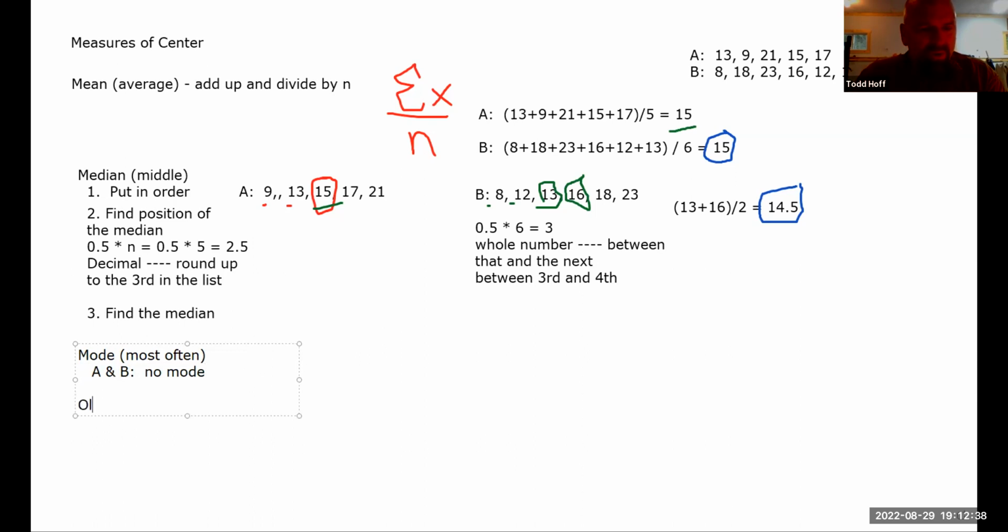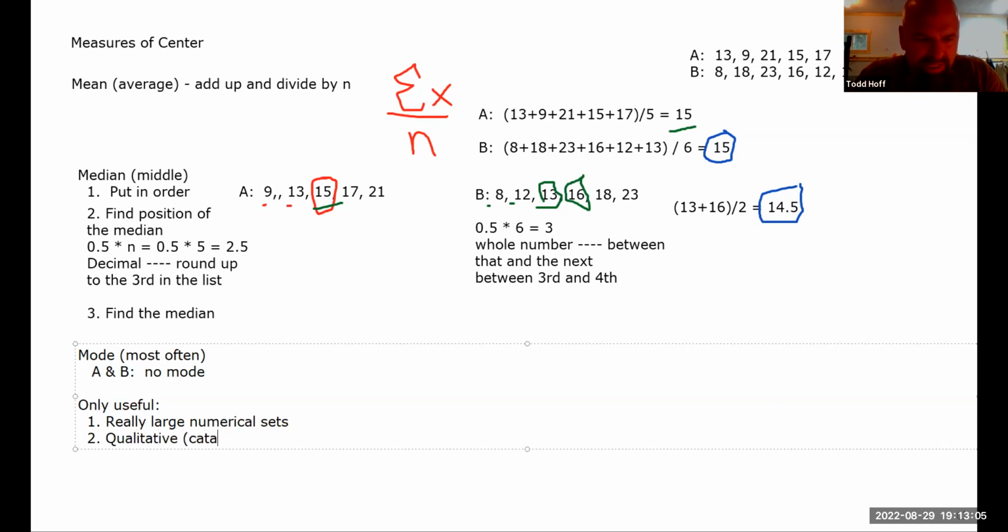The mode is really only useful in one of two situations. One is really large numerical data sets. By really large, I mean you're talking 50 to 100 or more numbers in those data sets. The second place where the mode is useful is in qualitative.